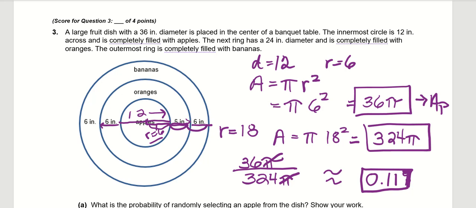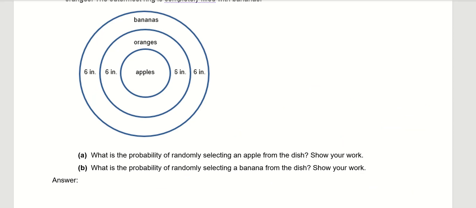All right, you're going to do the same thing for part B. So part B is asking us what the probability of randomly selecting a banana from the dish is. So if we look here, the banana section is this ring. Now remember the radius of the entire circle.